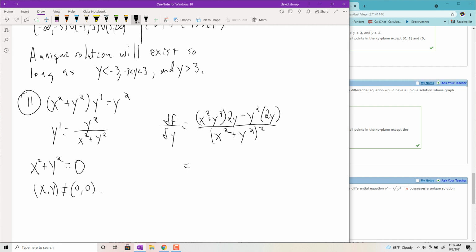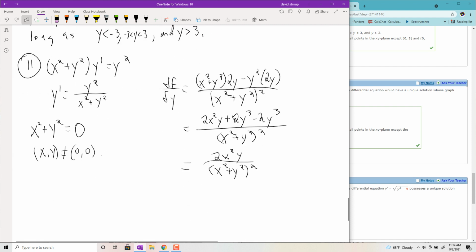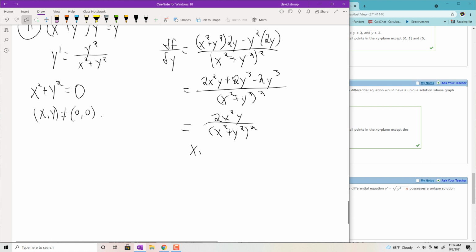And then simplify, so 2x squared y plus 2y cubed minus 2y cubed, over (x squared plus y squared) squared, equals 2x squared y over (x squared plus y squared) squared. And it's the same place, right? It's the origin is the only place it's not going to work. It's continuous everywhere else. So again, (x, y) can't be (0, 0).